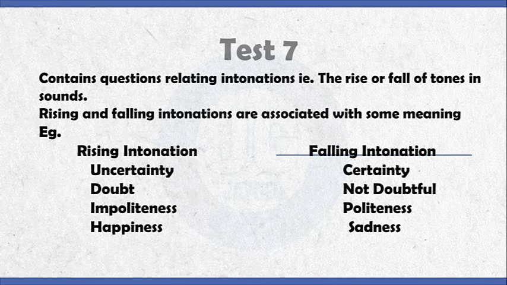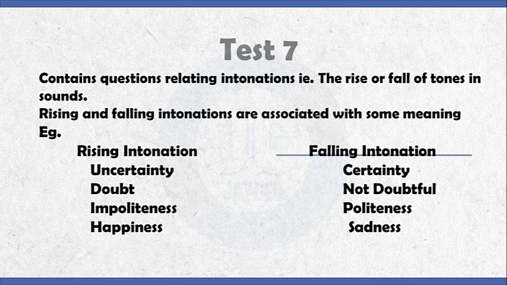Another example: I recited 2 long poems. This example shows that the speaker is unhappy. It would have been different if I said, I recited 2 long poems. This statement contains rising intonation and it suggests that the speaker is happy. I don't need it anymore. We realize in this statement that there is a rise in tones.